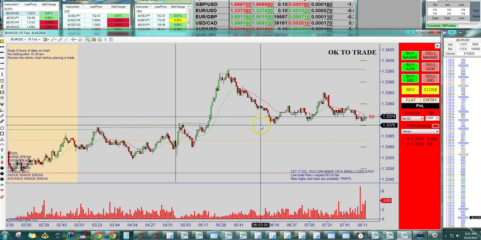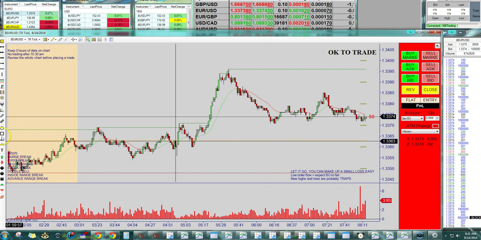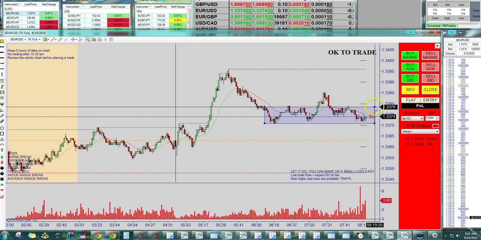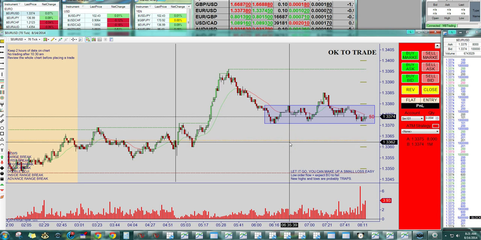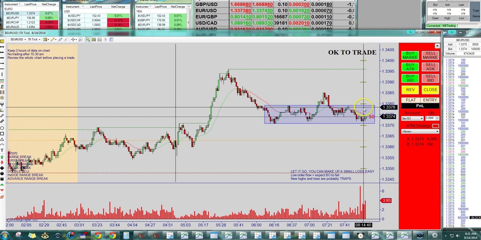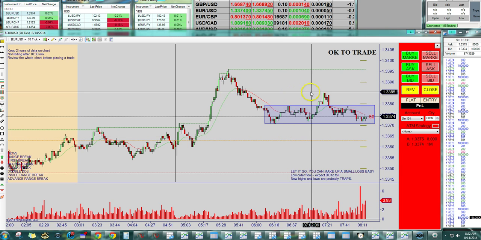Most likely what I'm going to keep an eye on right now is, I'm going to mark this off right here. So if we get some bad data, and the euro goes to climb out of this block, I'll probably take the euro long.